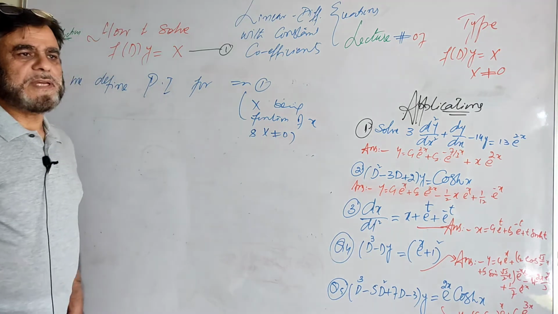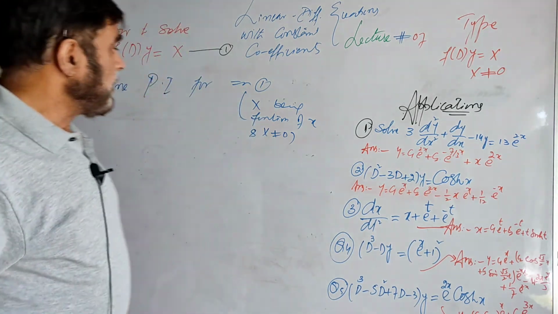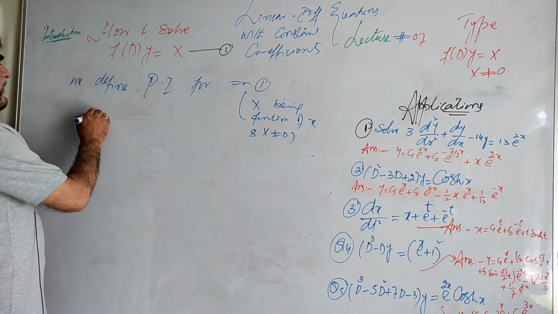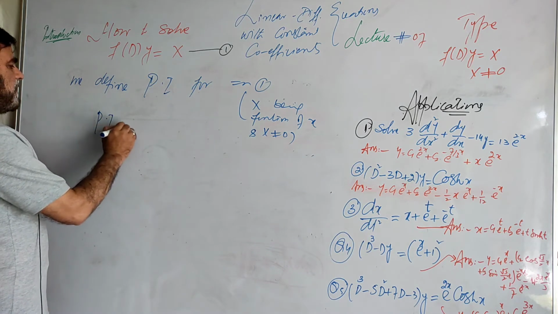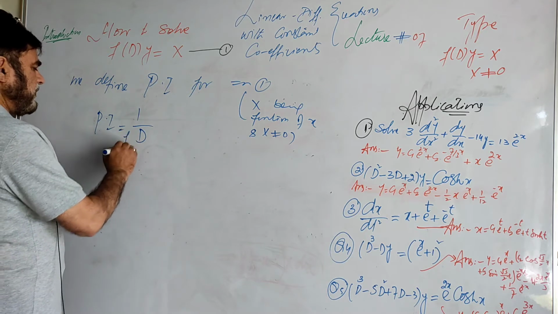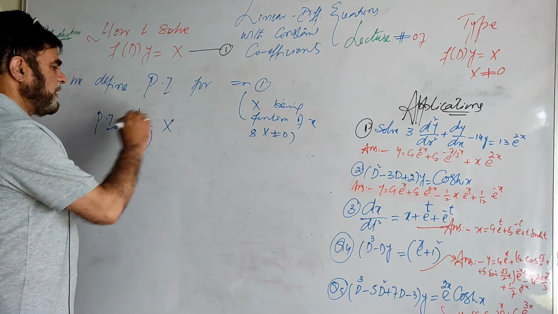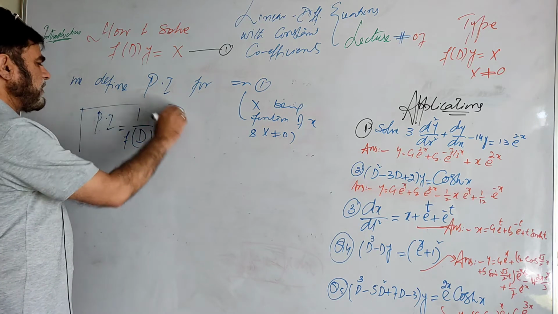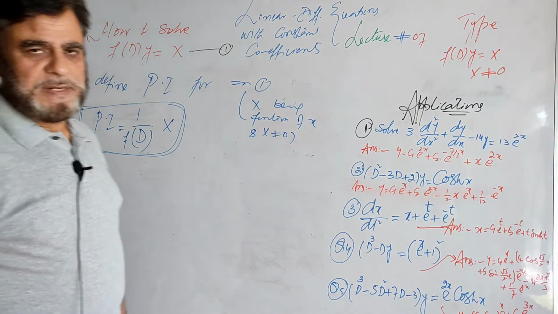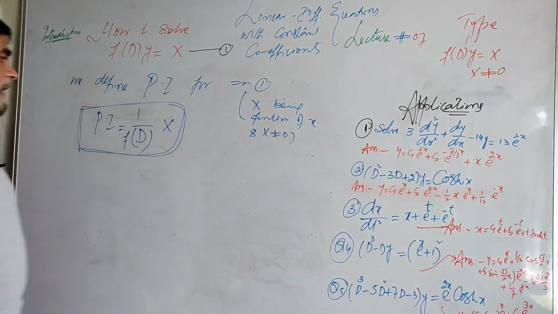If X is 0, then we are again in the previous parts, so it is some function of x. The particular integral, you will remember, is always 1 by f of D into X. This is the particular integral formula, you will remember this. Everywhere you will use this particular integral formula, 1 by f(D) X.